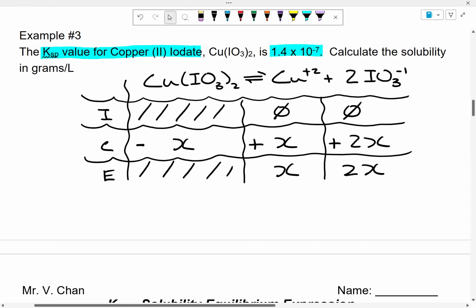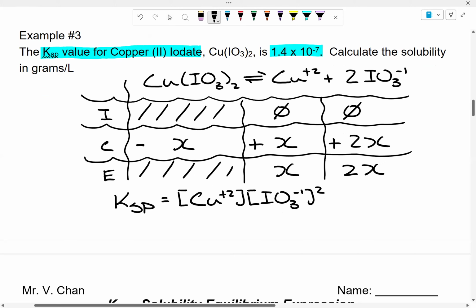Now, what happens is, again, you can go Ksp is equal to the concentration of Cu2+ times the concentration of IO3- squared. So this would be 1.0 times 10 to the negative 7.